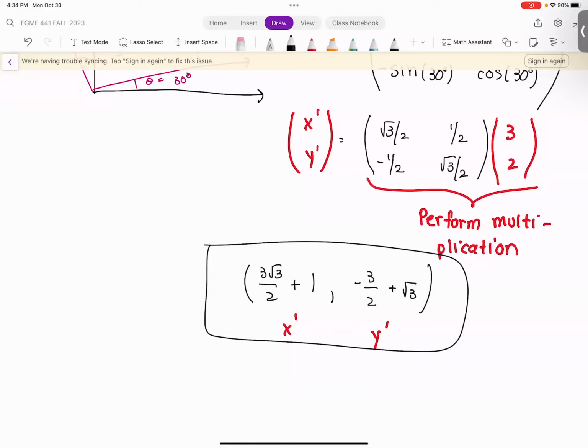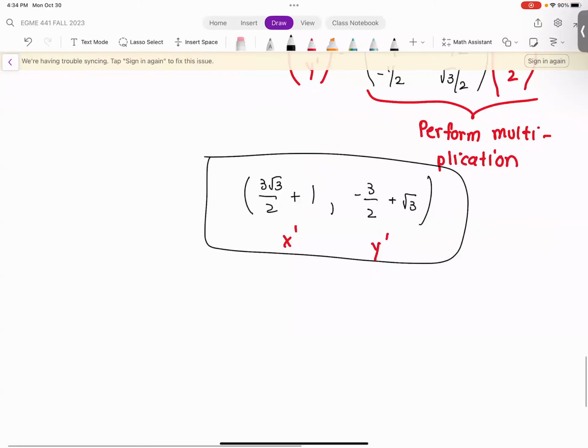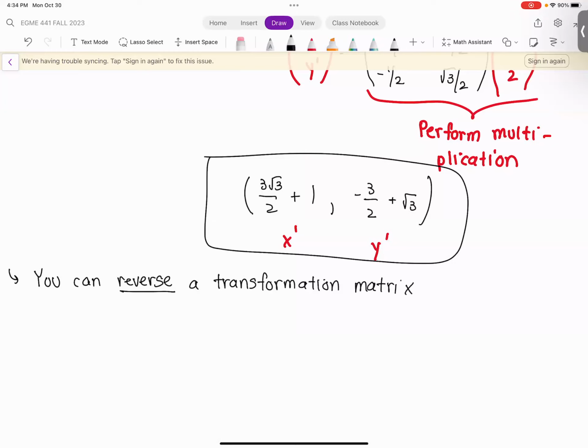Okay. All right, and so before we move on to 3D, let me talk about a really nice property of the transformation matrices. Right now the transformation matrix, as we're describing it, transforms the coordinates from the original coordinate system to the rotated one.